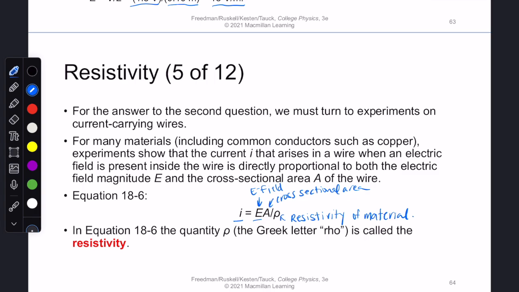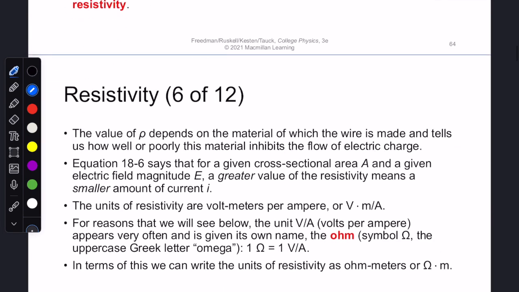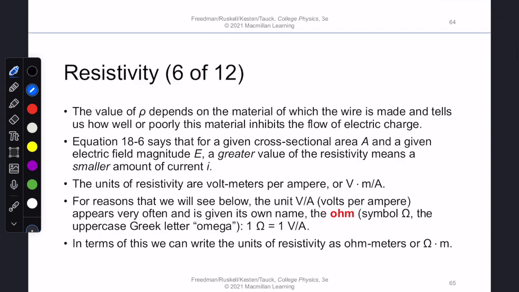Okay, so this resistivity value is a standard value, one for each type of material, and these are values that are experimentally determined. So rho depends on the material. We don't know the value unless we do lots of measurements on it and figure it out. So these are tabulated values.